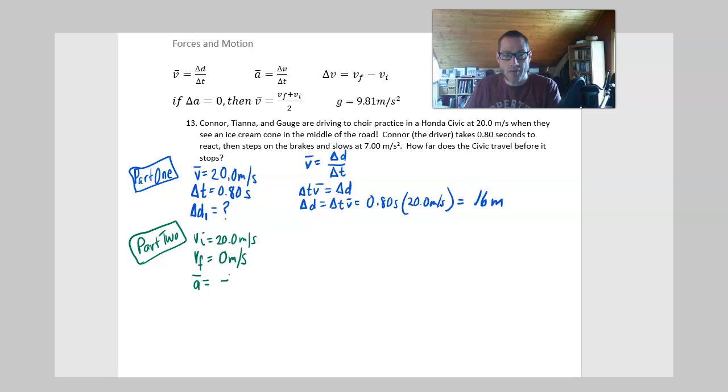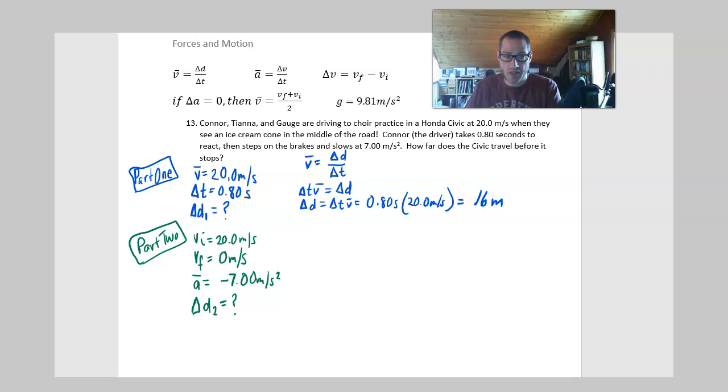So we're going to go minus 7.00 meters per second squared. And that just means the acceleration is going in the opposite direction of the car movement, or of the speed. So we need a minus sign there. And the last thing we're actually trying to find is delta d, and I'm going to put a 2 there because it's the second part, and we're trying to find that.